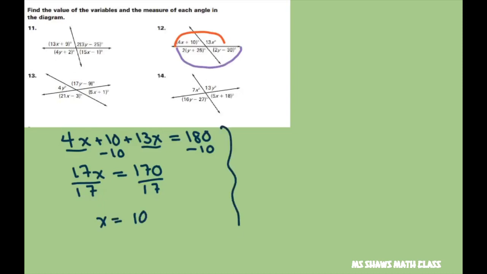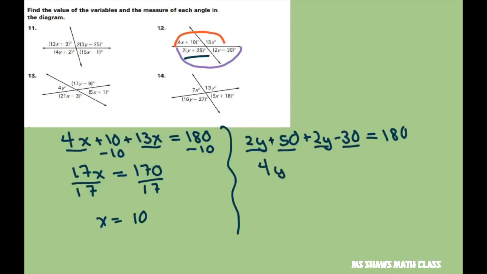So that's your x. For your y, you do the same thing. You add them up. So the first one's going to be 2y plus 25, plus 30, not 30, 50, plus 2y minus 30 should equal 180. So add those 2, you get 4y.